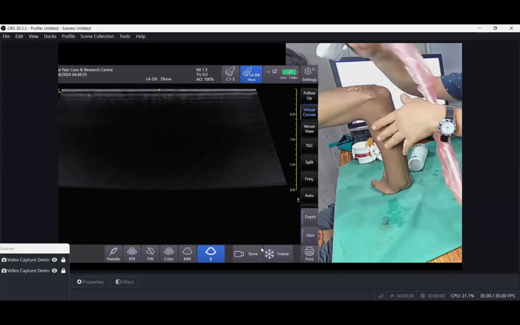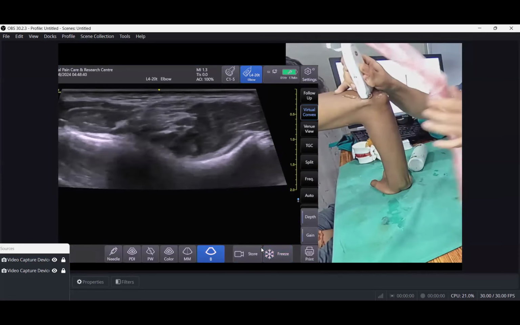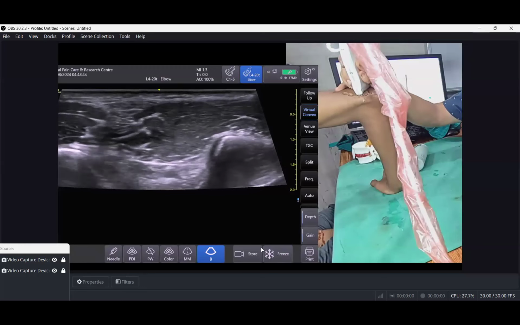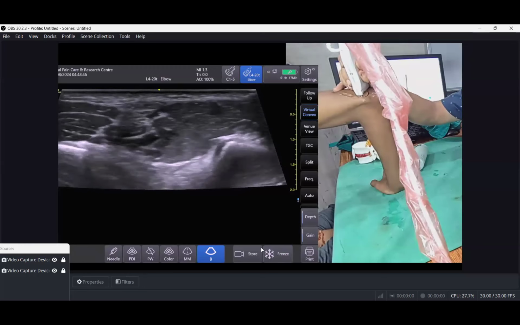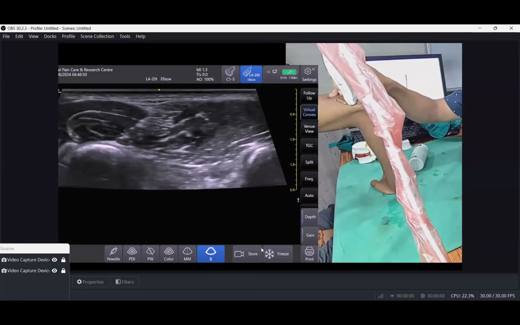If I put my probe just over here, the distal end of this one, the big chunk of muscle that you are seeing is basically the triceps muscle. The left side of the screen is the medial side.